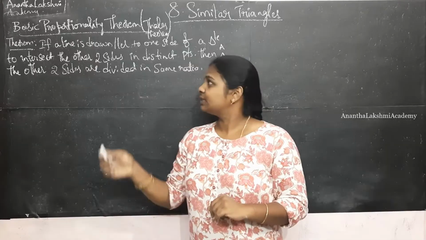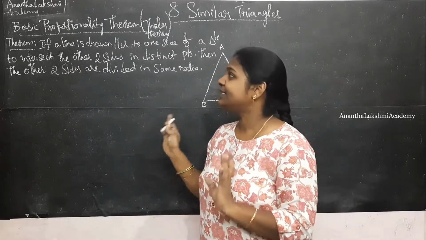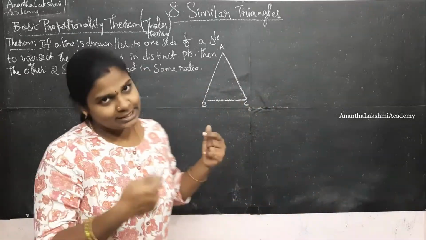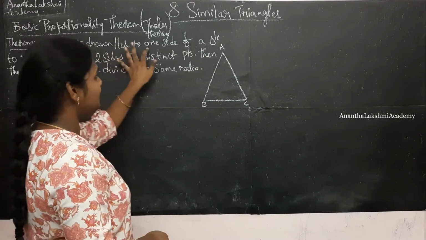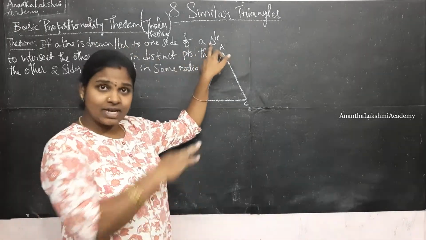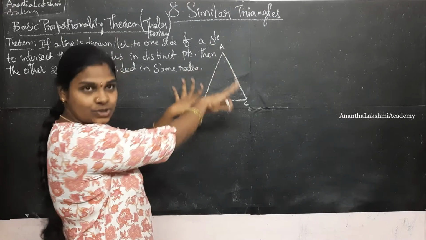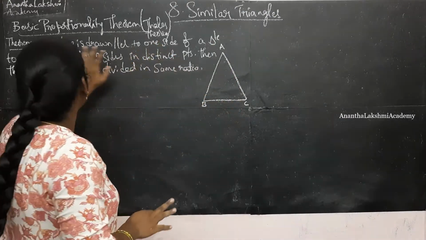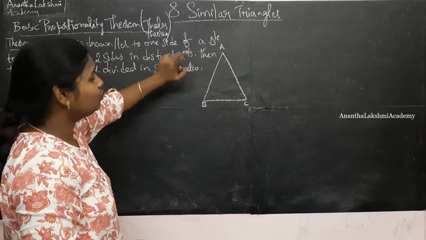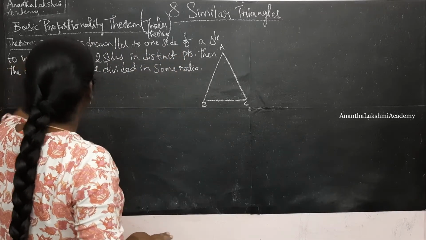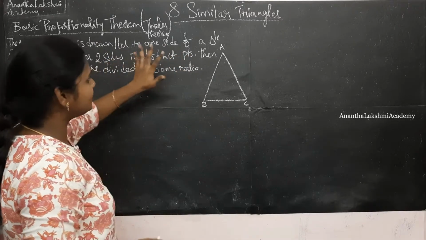All right. So here we have the basic proportionality theorem statement. So let's look at that. It says if a line is drawn parallel to one side of a triangle, wherein we are discussing the triangle. So I drew a triangle. It is said that if a line is drawn parallel to one side of a triangle to intersect the other two sides in distinct points.